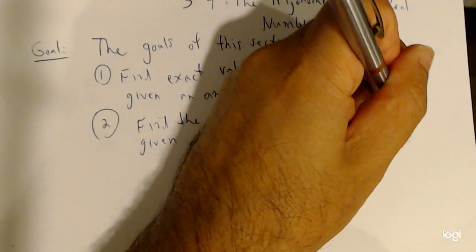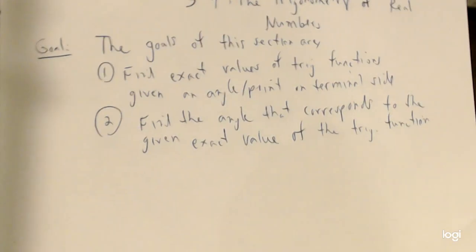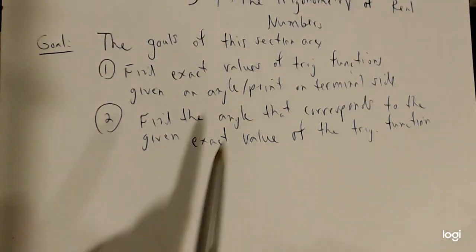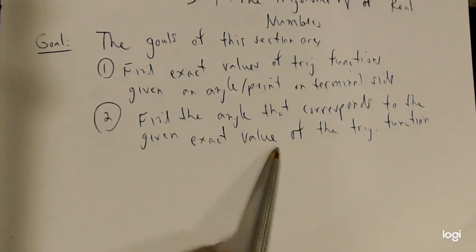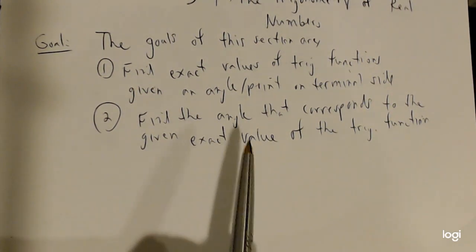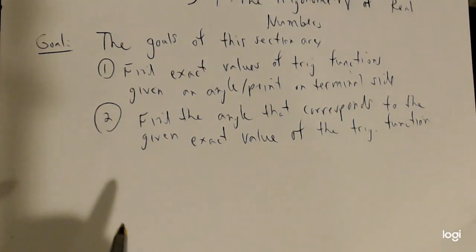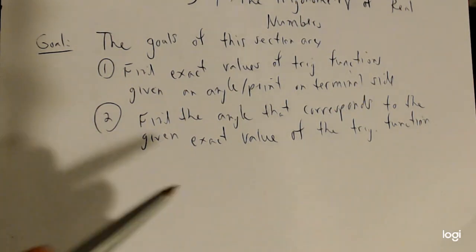So for this one, you can see that we're going backwards, right? Because now I give you the exact value, and we're asked to find the angle that produces that exact value. And if you think about it, that's one of the last things we did in chapter 2.